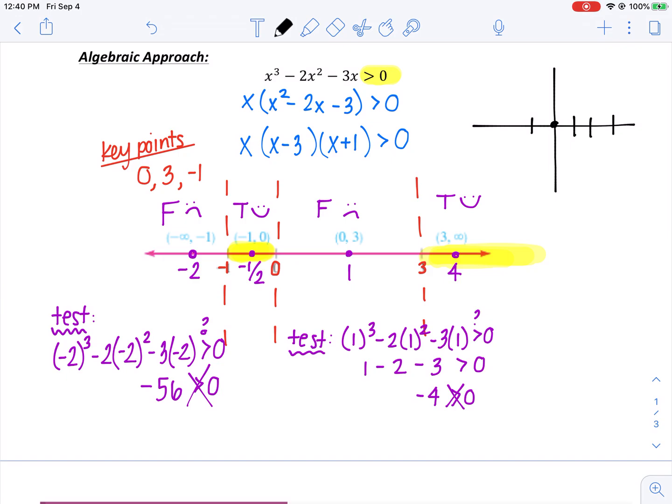We will talk about the shape soon, but if I were to graph it, it would look like so. Based on the graph, from -1 to 0, it's above the x-axis, and from 3 on to infinity, it's above the x-axis.